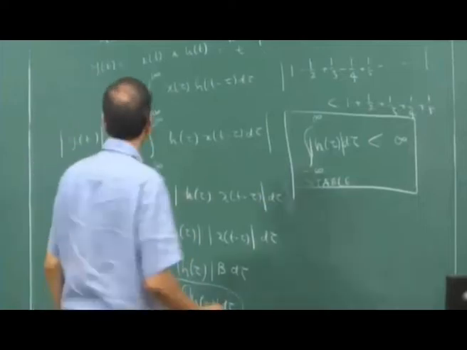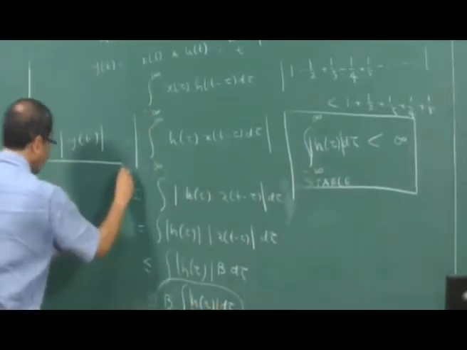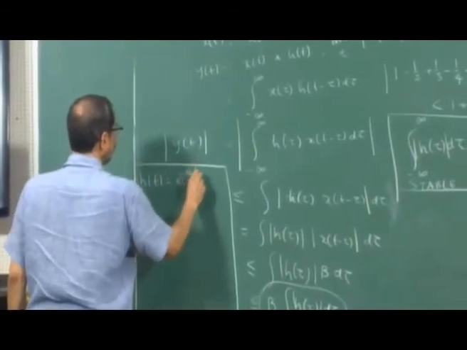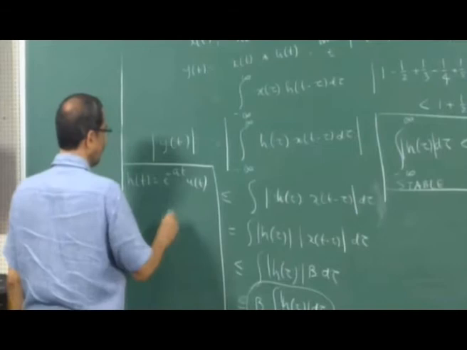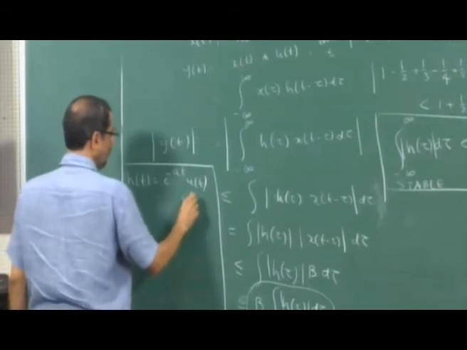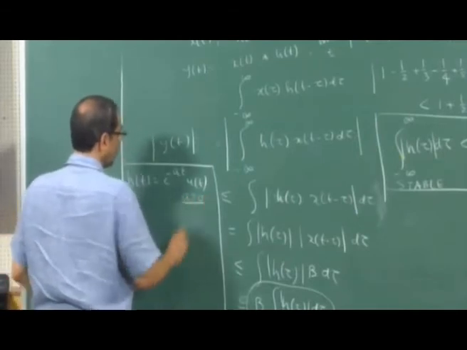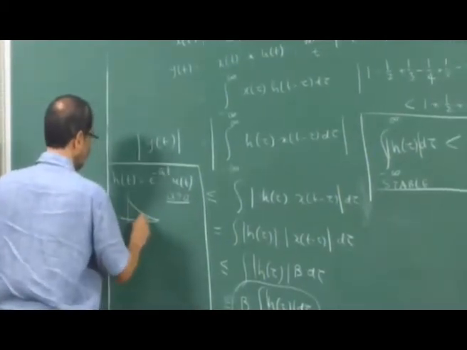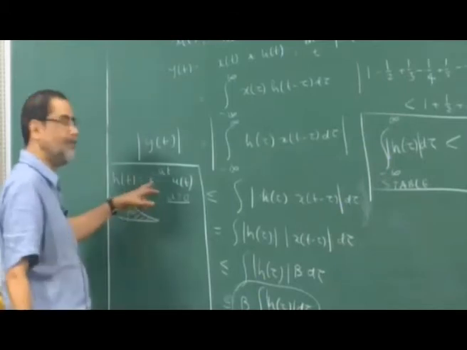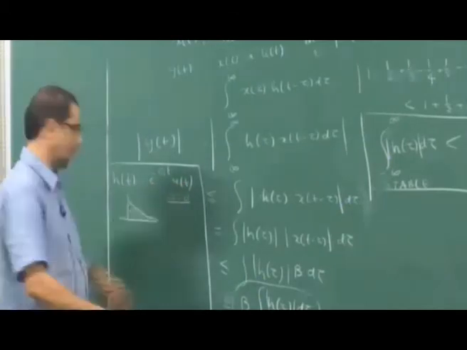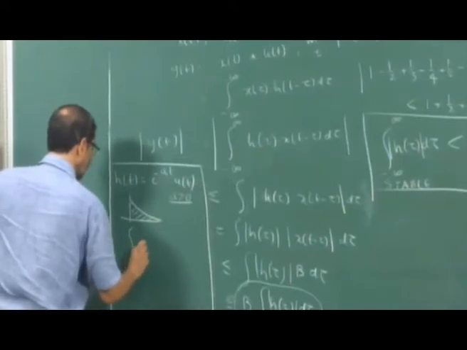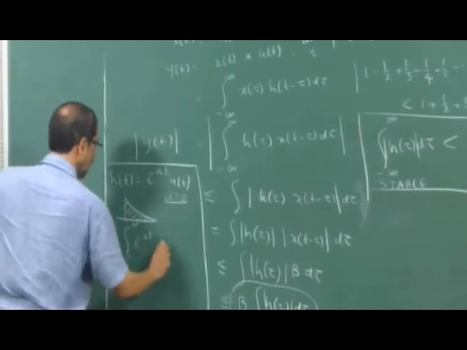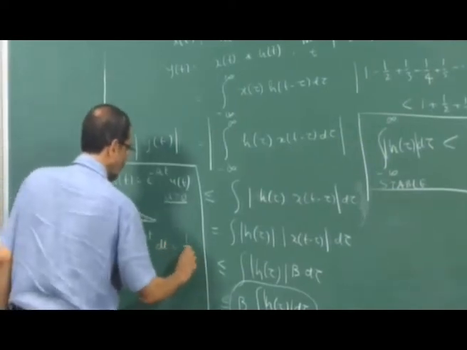So the question is, if h of t is of the form e raised to minus a t u of t, where presumably a is positive. If a is positive, this is a decaying function, and if you find its integration, meaning e raised to minus a t from 0 to infinity of u of t dt, this value I think is 1 by a.